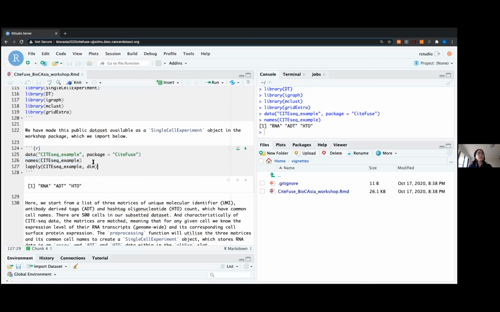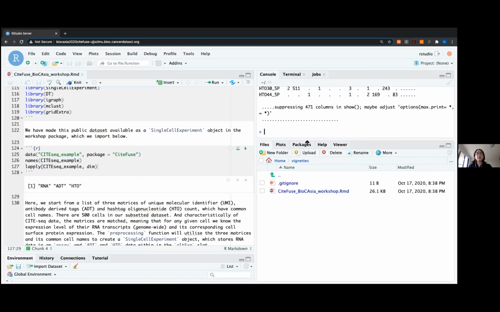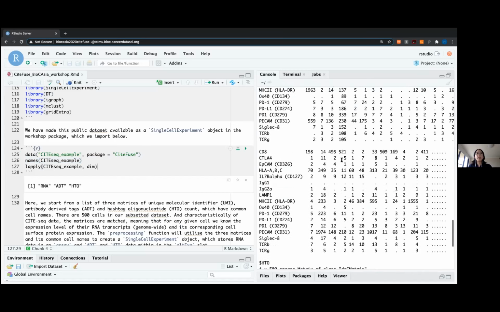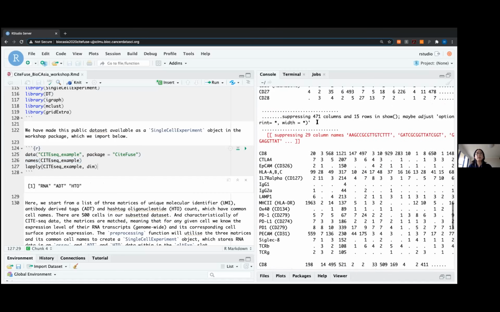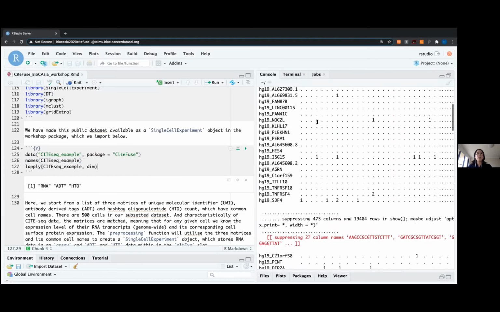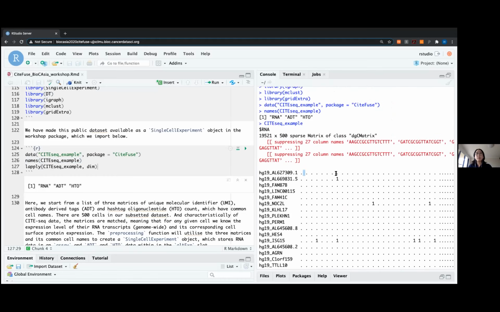So once the data is saved as a list, as we can see here, it contains all the three, the HTO matrix and the ADT matrix here, and also the RNA, where, as I mentioned before, the columns denote cells and the rows denote genes. Here we're using human genes.